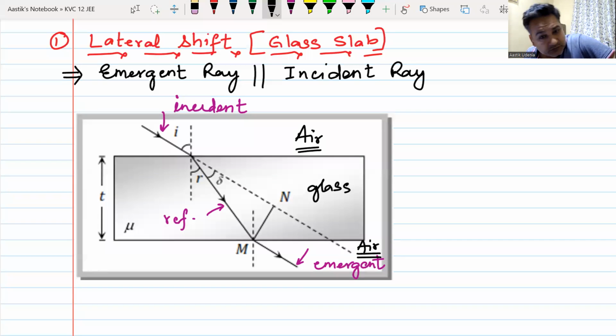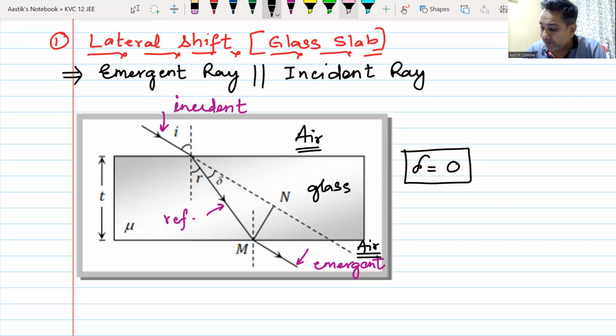So if you have the same medium on both sides and the glass slab is made up of parallel faces, remember parallel, if the other side is at another angle, this will not happen. So if it is a parallel slab and the medium on both sides is the same, the emergent ray will come out parallel to the incident ray. This phenomenon is known as lateral shift. The deviation in this case, my dear friend, is 0. Do we understand this?